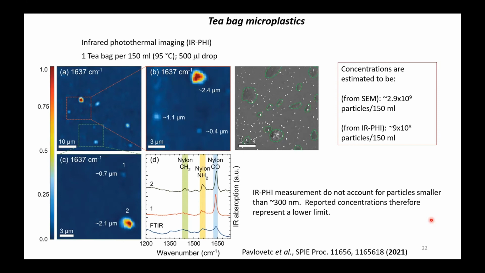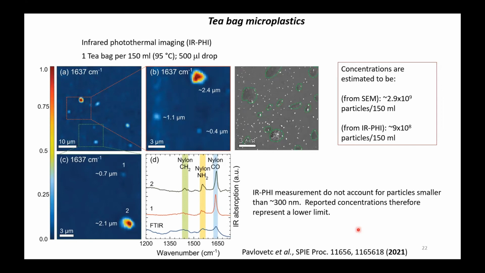The best bet here is FTIR, which can give you both chemical information and particle counting, but as you remember, FTIR is limited to particles around 5 to 10 micrometers. And SEM, on the other hand, is perfect for counting, but gives zero chemical information.